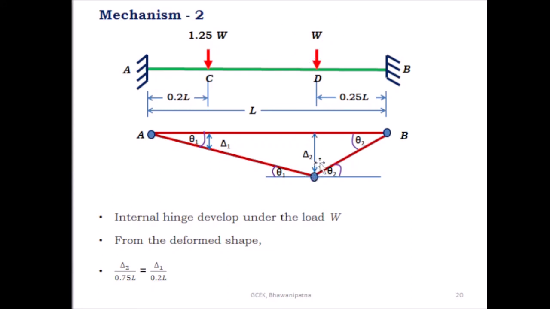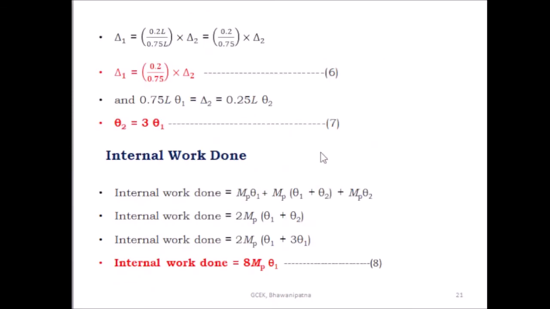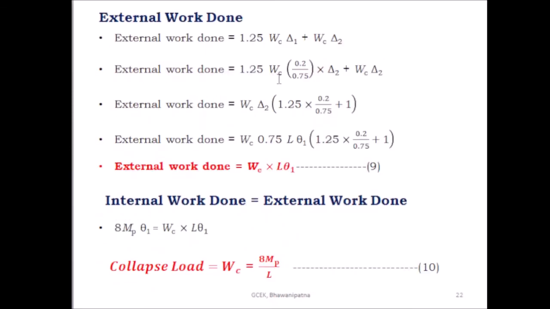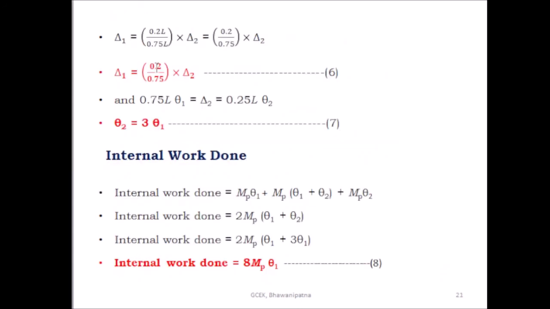So what is the total external work done? 1.25 WC into delta 1 plus WC into delta 2. Here we know the relation between delta 1 and delta 2. This is delta 1 is equal to 0.2 by 0.75 into delta 2.